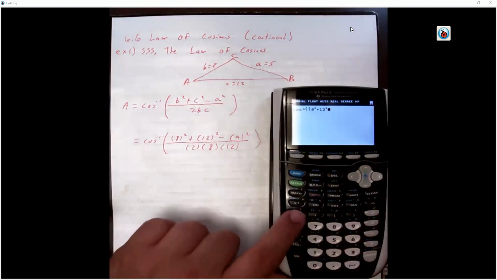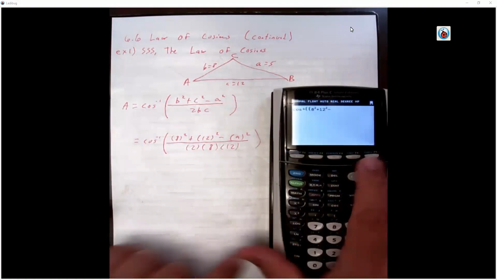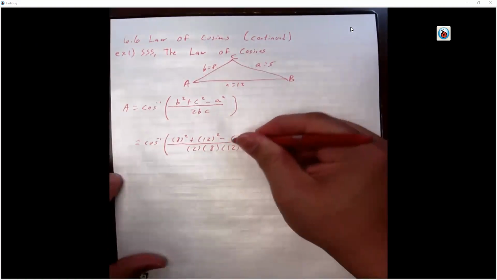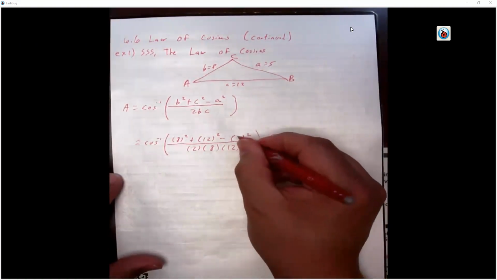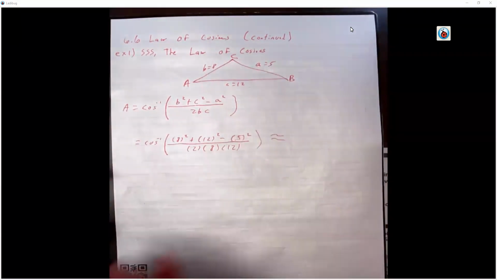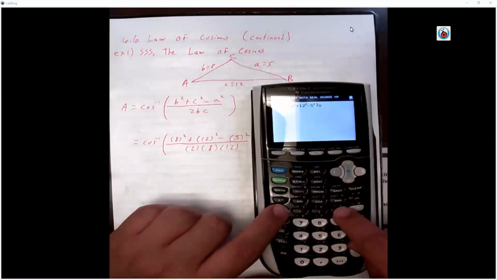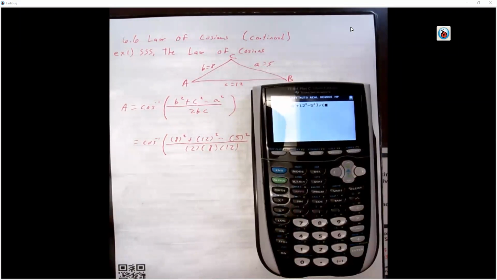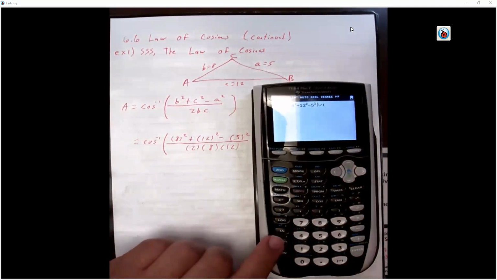So a second set of parentheses for the numerator. 8 squared plus 12 squared minus, I don't know why I put A in there, but I meant 5 squared. So close parentheses for the numerator, divide, open a second set. So one big set for cosine, a small set for numerator, another for denominator. If you do it this way, you won't mess it up.